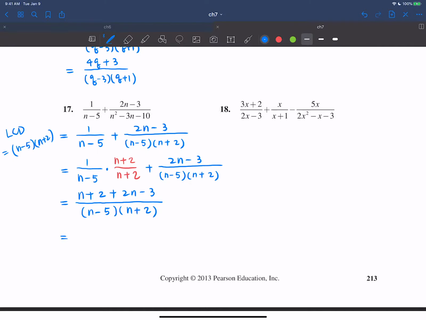Combine like terms on the top, we have 3n minus 1 over our denominator. And of course, you could expand the denominator using FOIL, combine like terms, and write it as a descending quadratic polynomial, or you could just leave it like this.